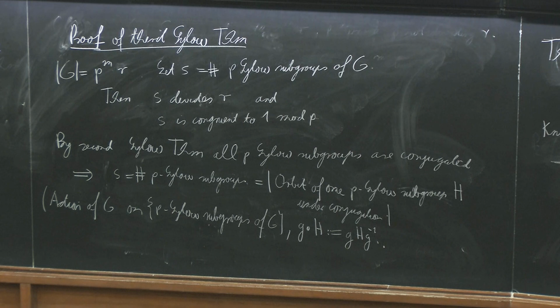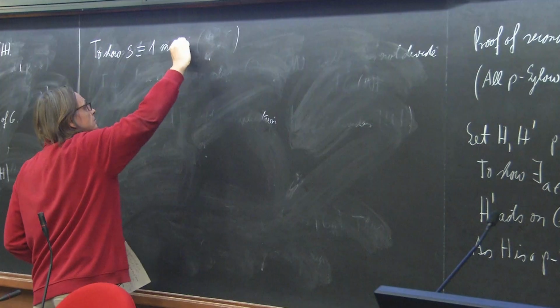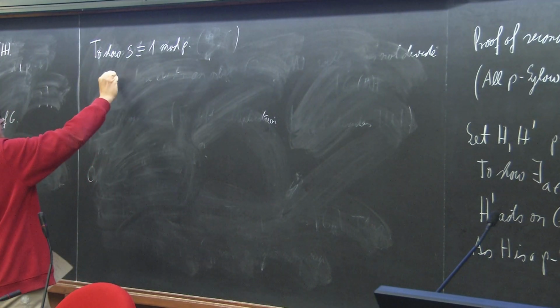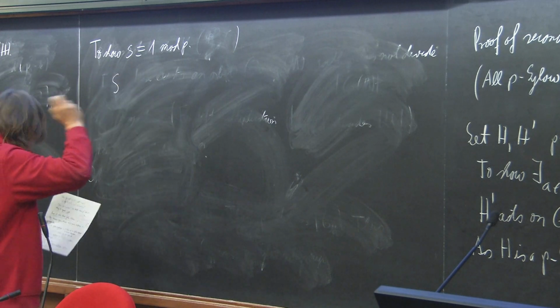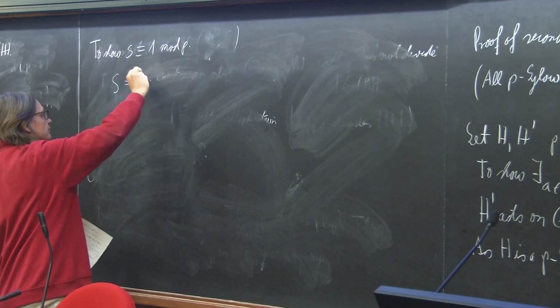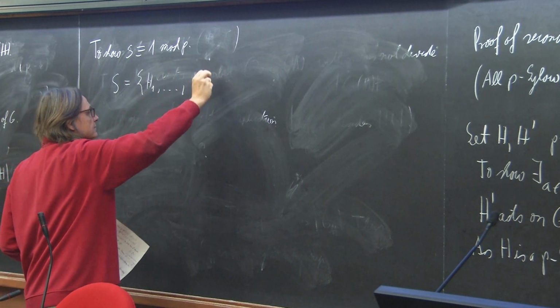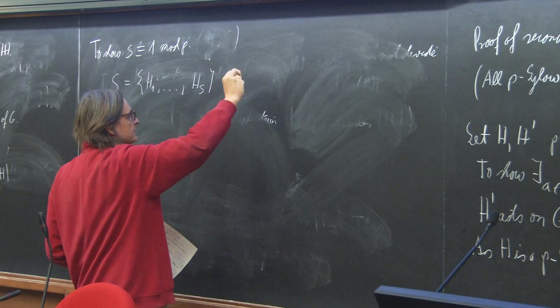So we want to show S is congruent to 1 mod P. We denote by S the set of P pseudo subgroups, H1 until HS.